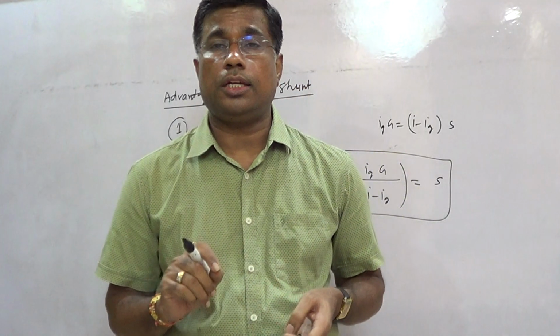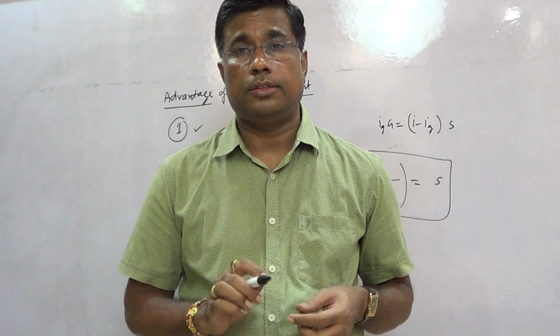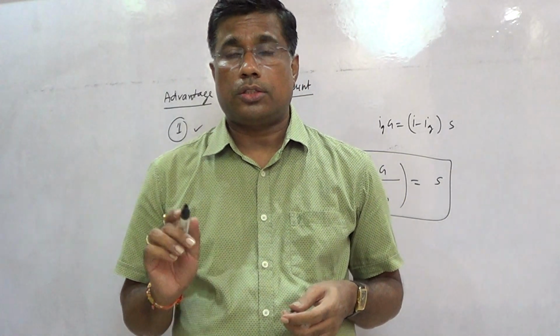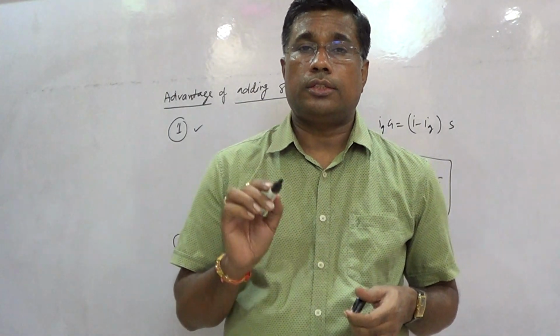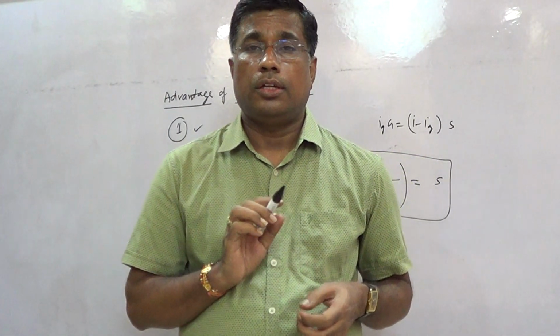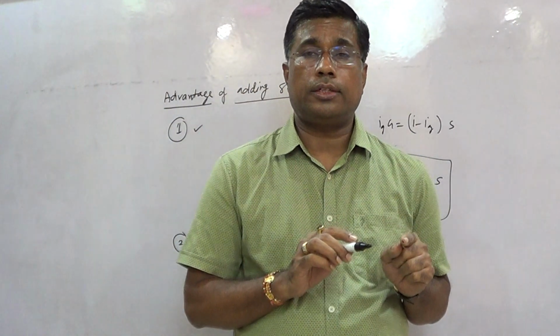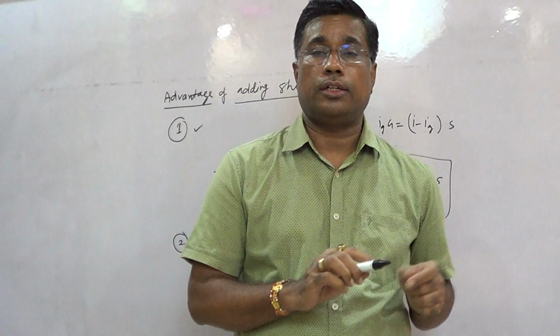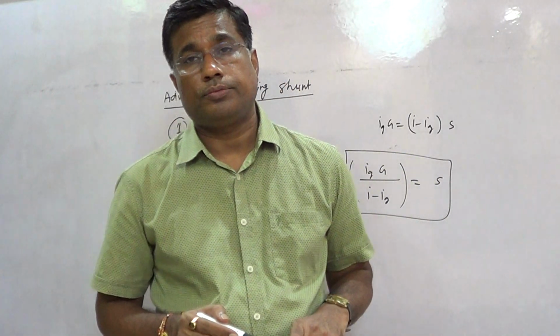Ig is the value of current which gives full scale reflection. So in solving numericals, you will see that some value of current will be given, and in the problem it will be asked that this value of current gives full scale reflection. That means you have to write Ig equal to that value of current.